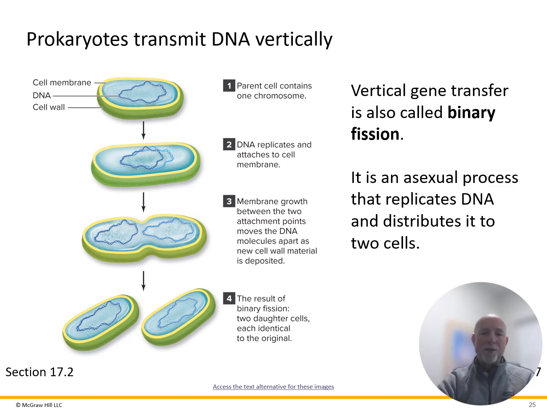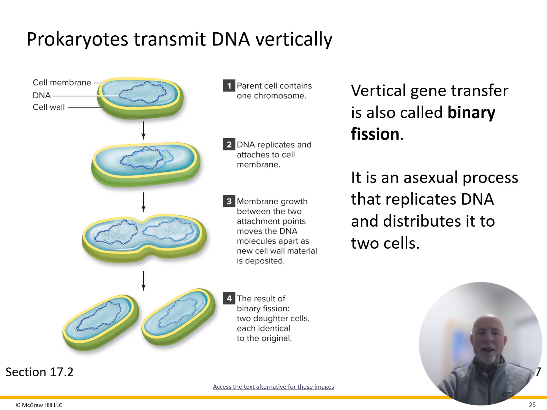It's where a parent cell, here's the chromosome, replicates, it doubles, and then the organism simply pinches into two, and the replicated DNA separates and then we divide the rest of the cell. It's what we call binary fission. We have a parent cell, and then we have two cloned daughter cells.